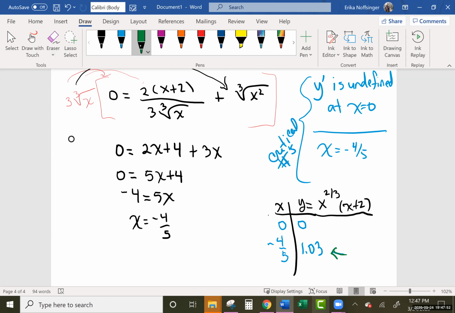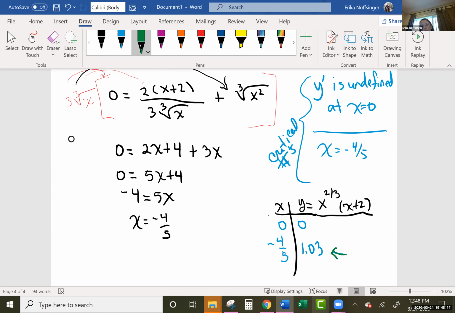Actually, it should be positive, because you're squaring -4/5 and then taking the cubed root of it.